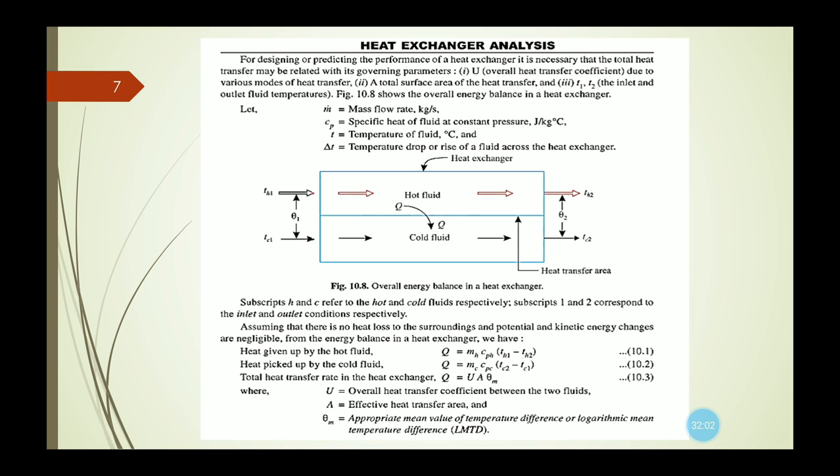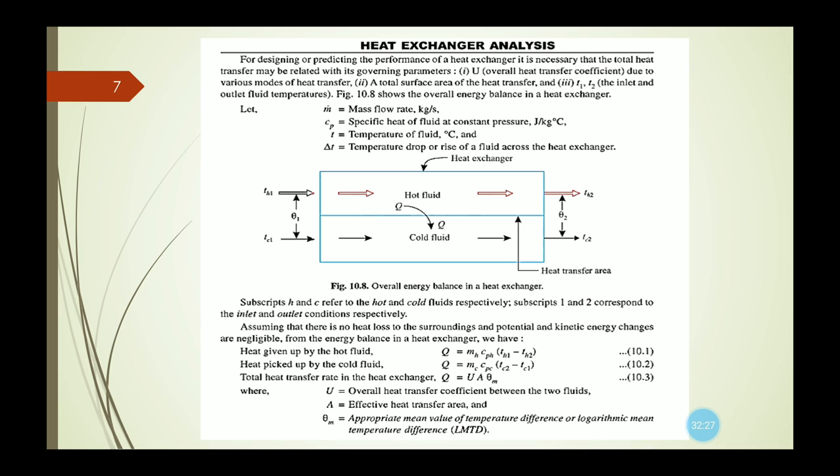In a similar manner, we can write the equation for the heat gained by the cold fluid. So it will be mc Cpc, that is the specific heat of the cold fluid, times the temperature difference between the outlet and inlet of the cold fluid.